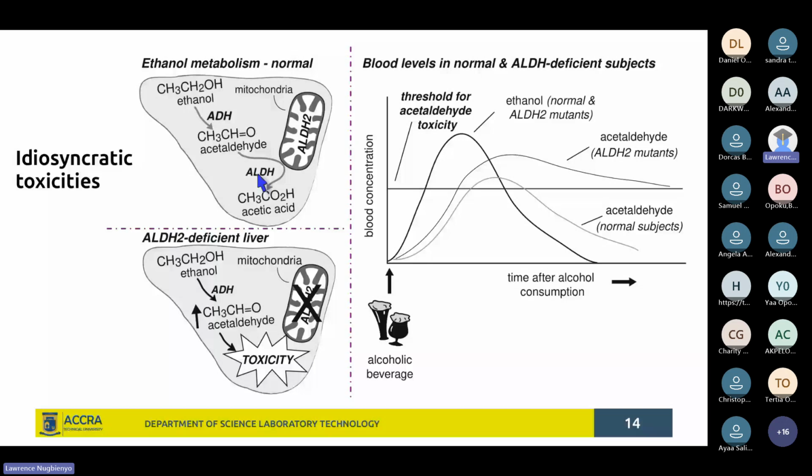So these are two enzymes. The first enzyme is alcohol dehydrogenase, the ADH, oxidizing ethanol to acetaldehyde. Then acetaldehyde dehydrogenase catalyzes the oxidation of acetaldehyde to acetic acid.